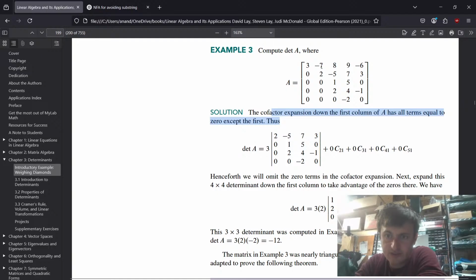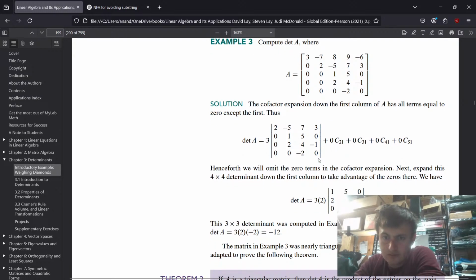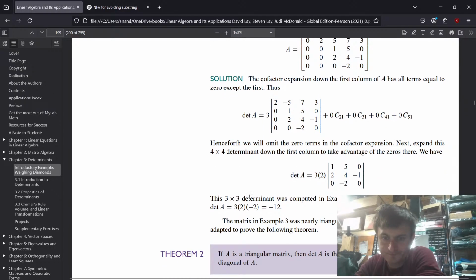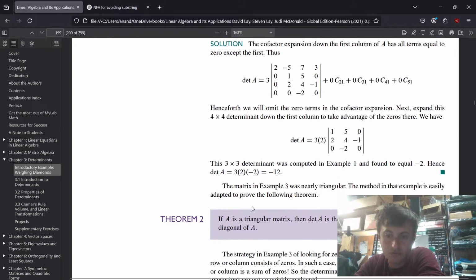So we have 3 times the det of this inner thing, because you remove this row and column. So then you get 3 times 2 times the det of this. And then you have to do a... Oh, and this is the same as before. Oh, okay. Cool.